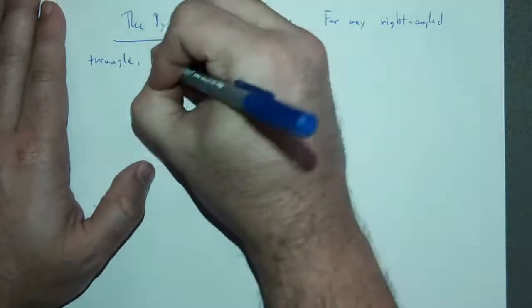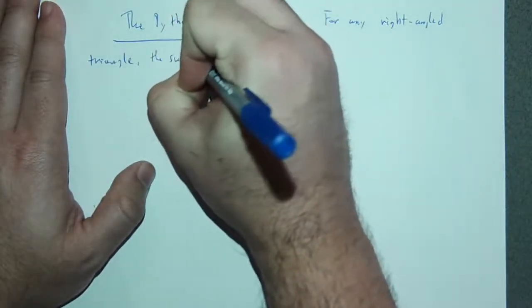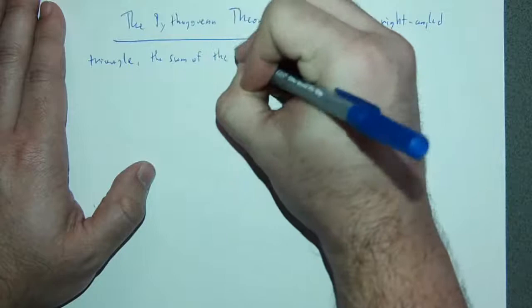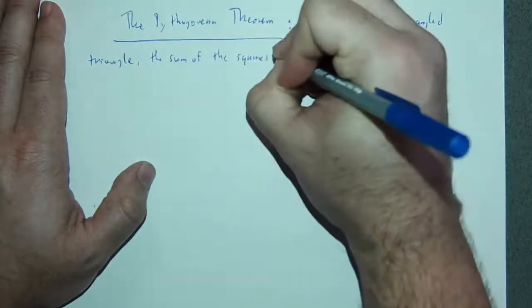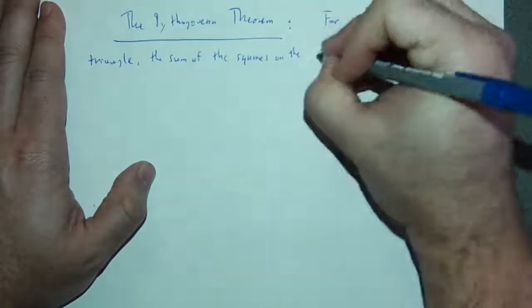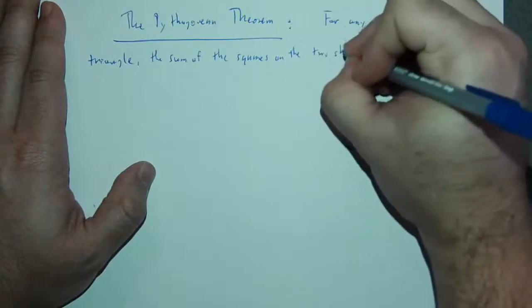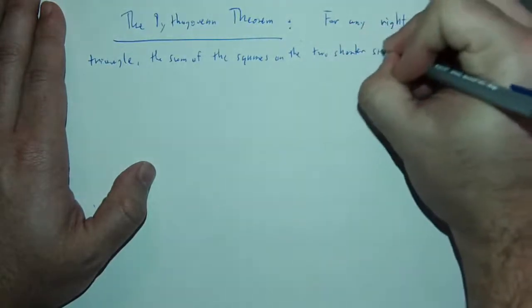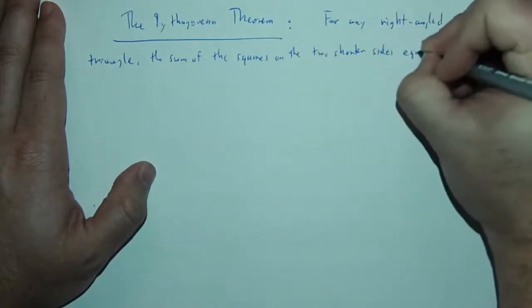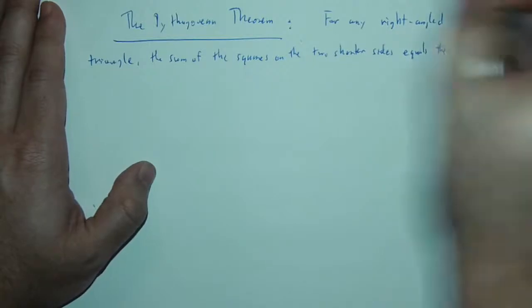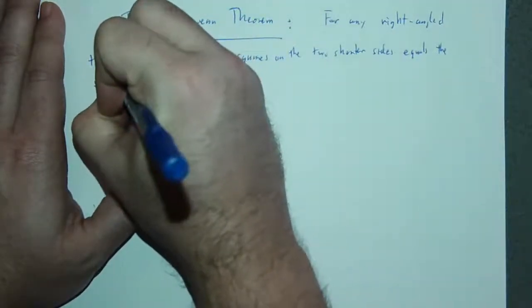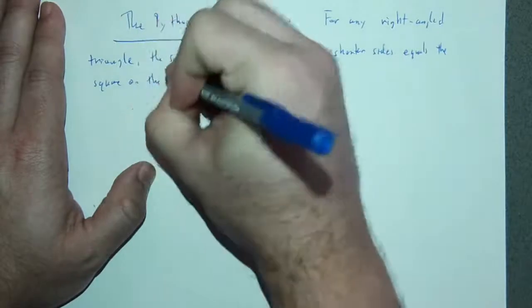So the sum of the squares on the two shorter sides equals the square on the hypotenuse.